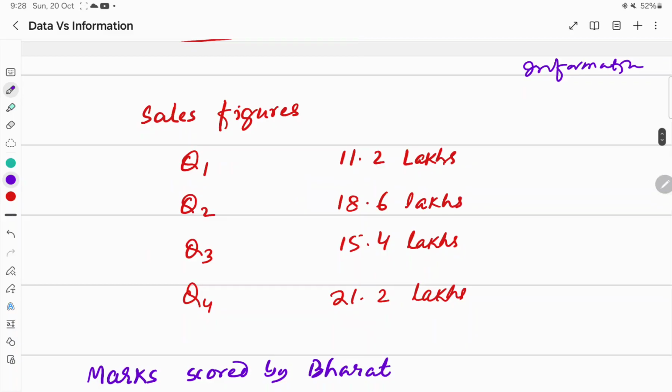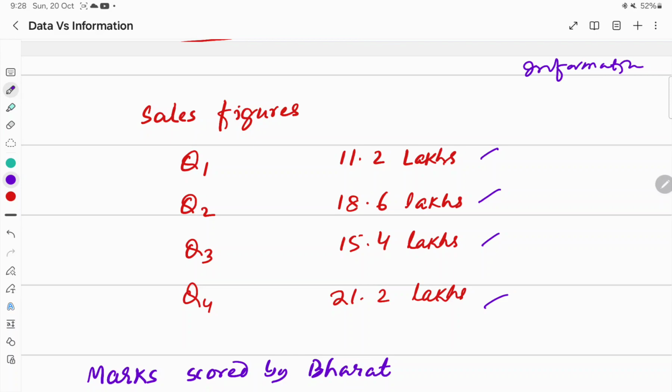Suppose another data, in a shop, in the first quarter there were sales of 11.2 lakhs, second quarter 18.6 lakhs, third quarter 15.4 lakhs, fourth quarter 21.2 lakhs. So this is data.